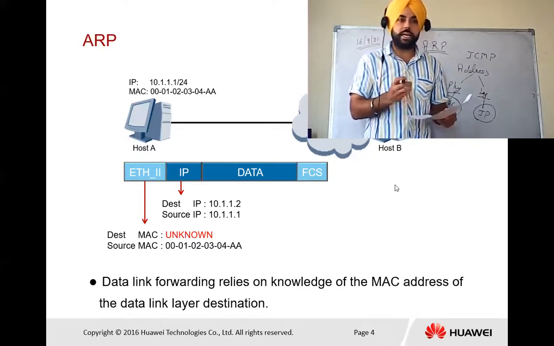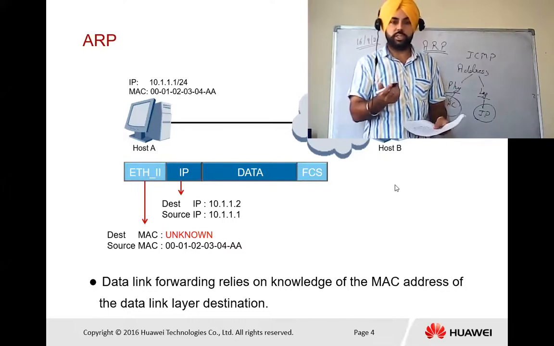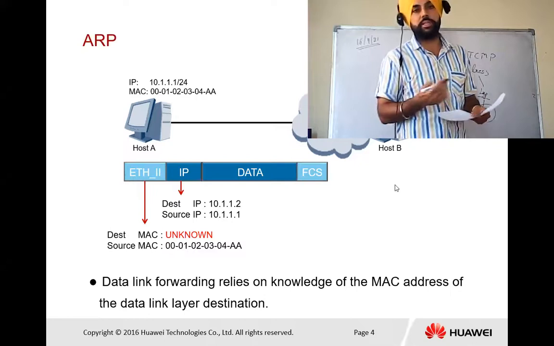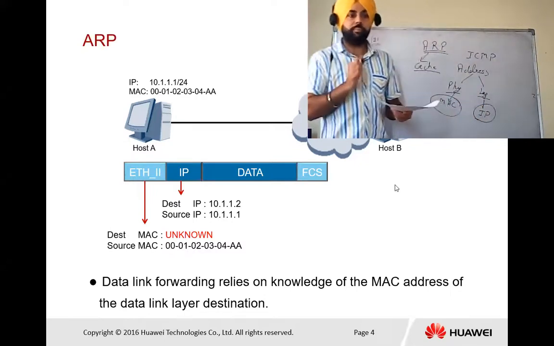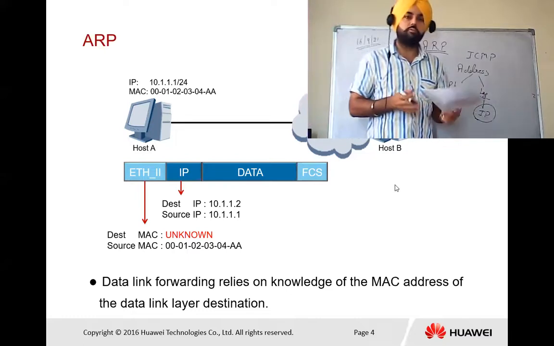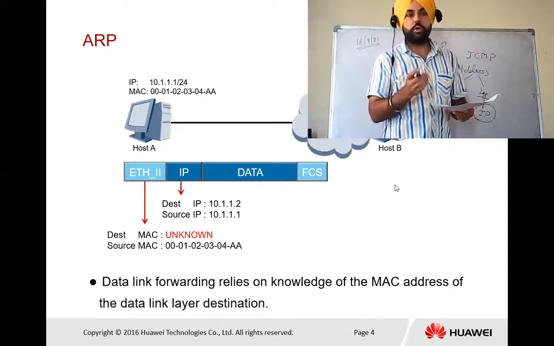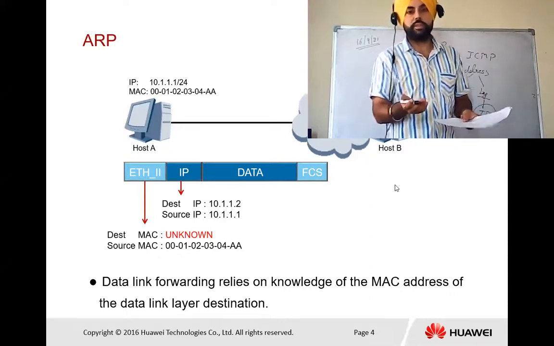Whenever we send a message to the destination, we always know the destination's IP address. We also assign an IP address to the host, because whenever you send data, your source address also travels with the packets.